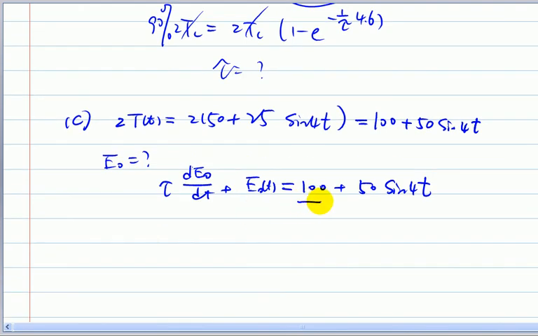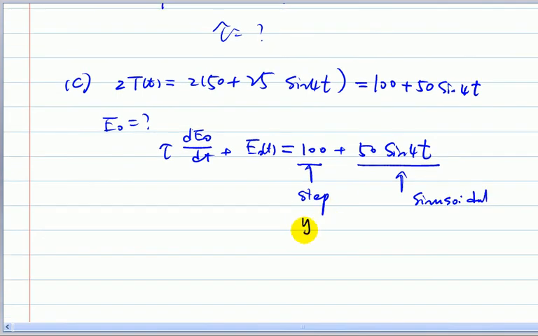What's the solution? We need a solution based on this, a step input, and a solution based on that, a sinusoidal input. So this is y1, y2, or in this case it's actually e naught 1 and e naught 2, and we just add these two together.